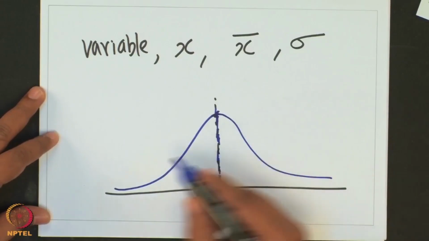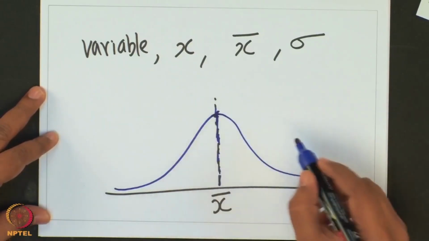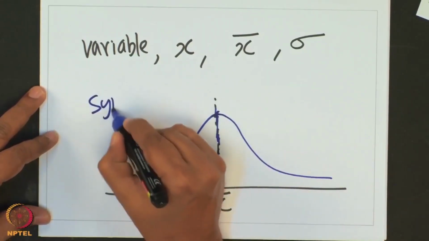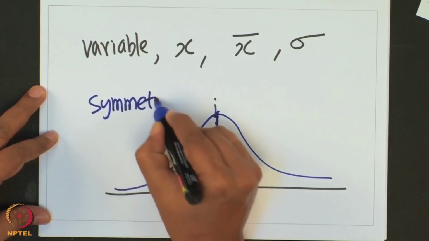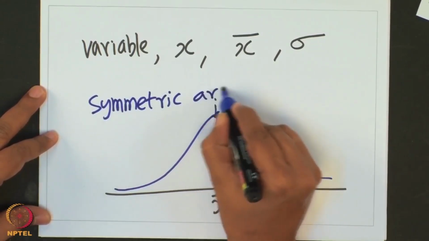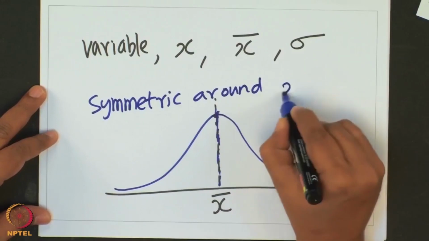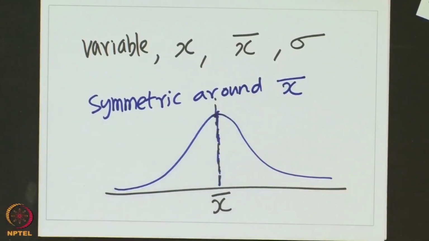So, the first point is this is symmetric around the mean x bar, and it has a width. Typically, I could draw the same distribution symmetric around x bar in many different ways.